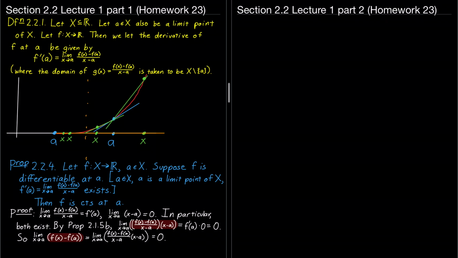All right. Now, I'm going to notice that the limit as x approaches a of f of a, any constant function has limits everywhere, and f of a, that's a constant.